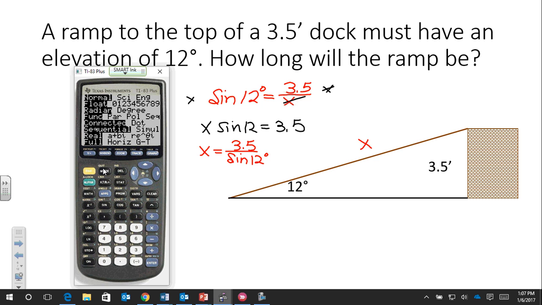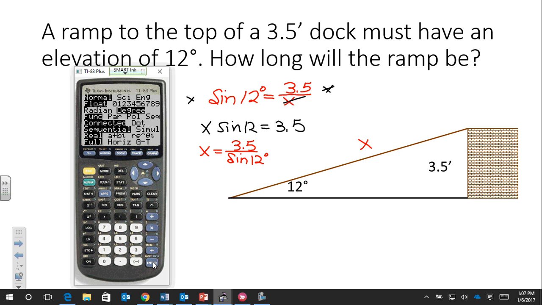So anytime that you're taking a sine, cosine, or tangent of some measure, you're going to have to think, am I in degrees or radians? On your graphing calculator, notice that my calculator has radians darkened, shaded. That means I'm in radian mode right now. So I need to go down and tell it to be in degree mode. And the mode is right next to your second key.